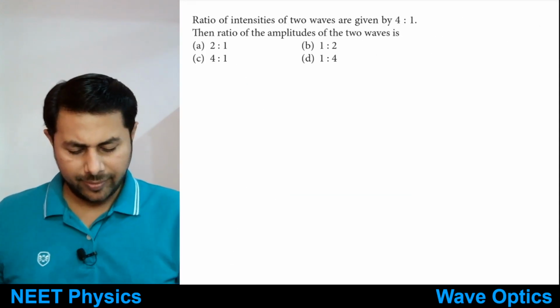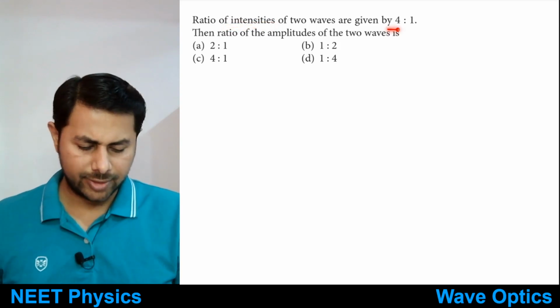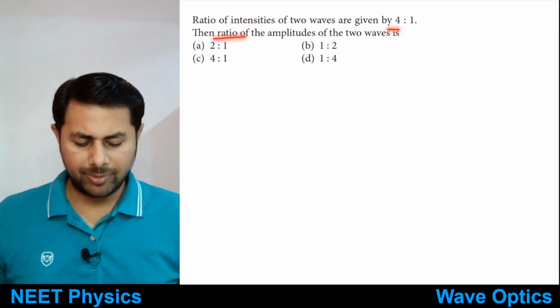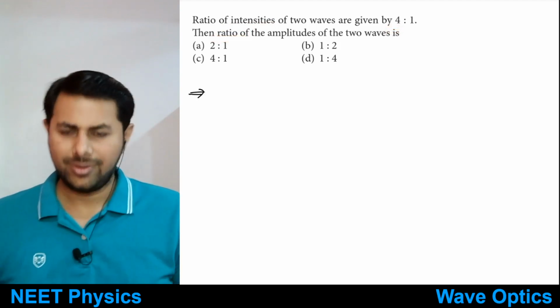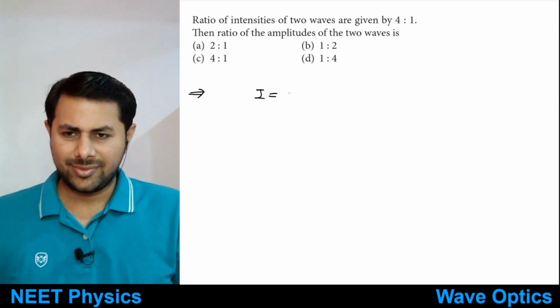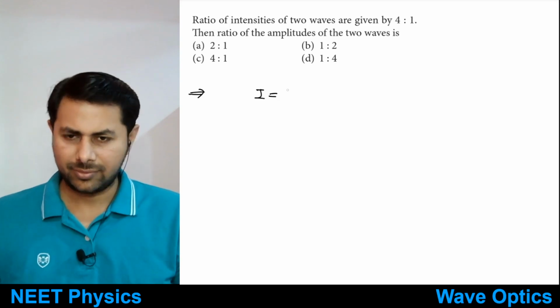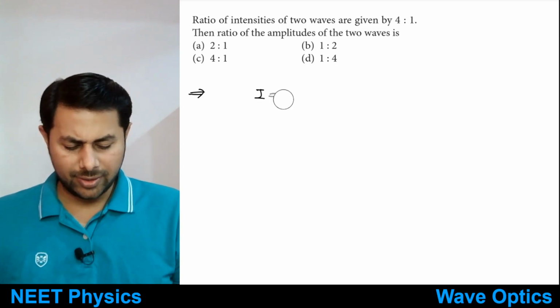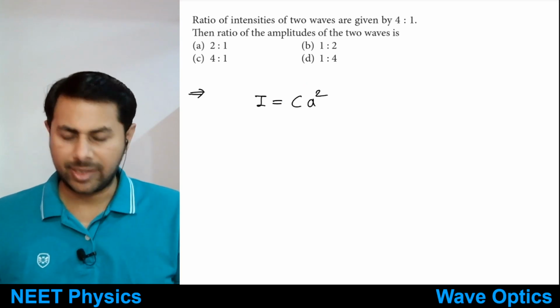Let's see next one. Ratio of intensities of two waves are given by 4:1. Then the ratio of amplitudes of two waves is, okay, so we know intensity is directly proportional to amplitude square. So I is equal to some constant c times a square.